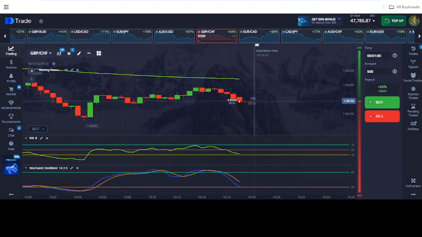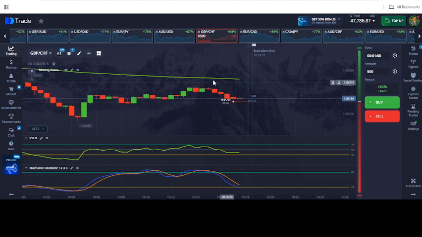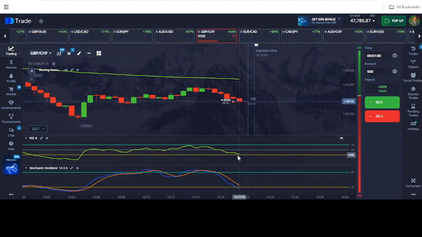Okay, so I'm on the Great British Pound Swiss franc, and I just took a sell trade here. The reason why I took the sell trade here is, first of all, we have all these candles below the 150 EMA line, which suggests a bearish trend, a continuing bearish trend in the price. Secondly, the RSI line has crossed below the 50 line here in a downward direction.